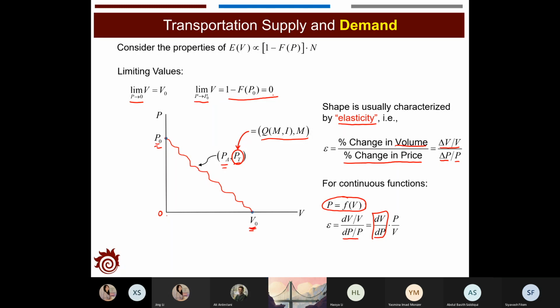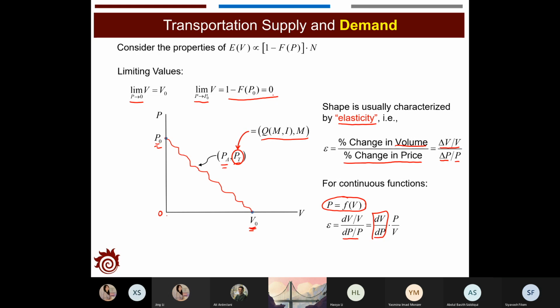But with this kind of line, we will be able to find out the elasticities to represent the properties of the line. The elasticity is defined as the changes in the volume with respect to the changes in the price. So you see the ratio of the changes in the price, say 10%, and the elasticity will tell you what's the percentage of the changes in the volume.